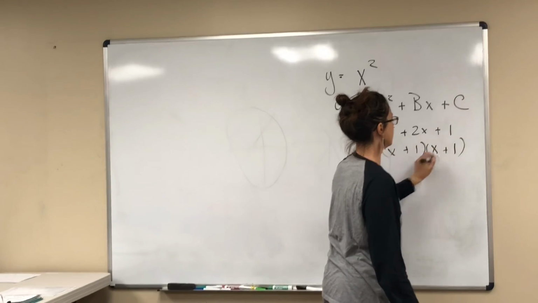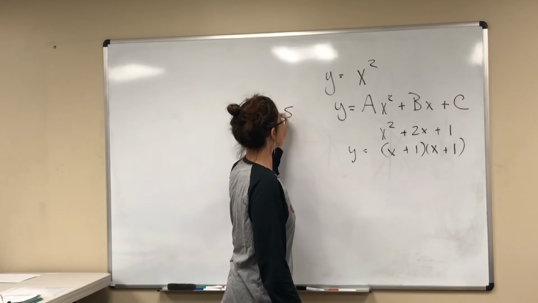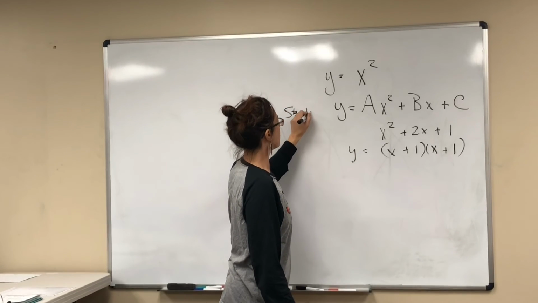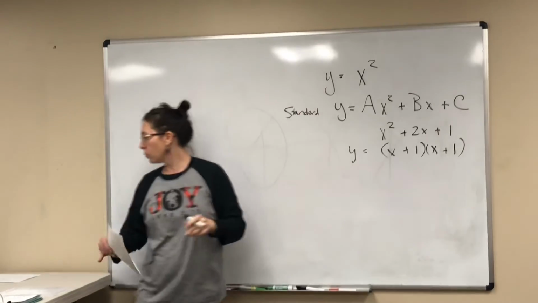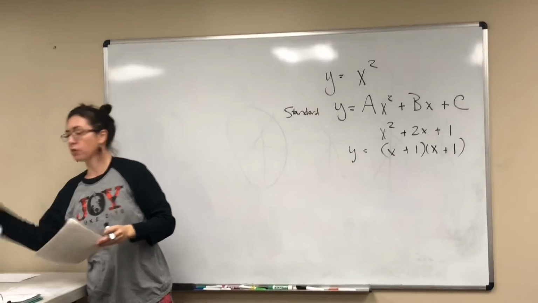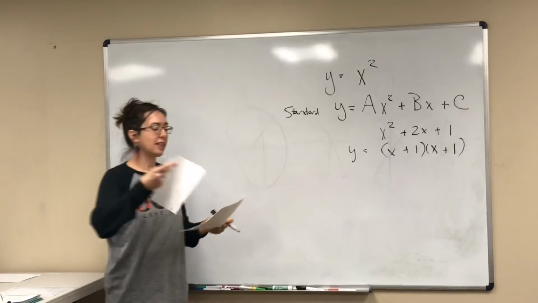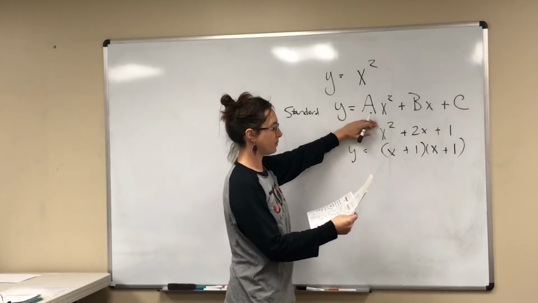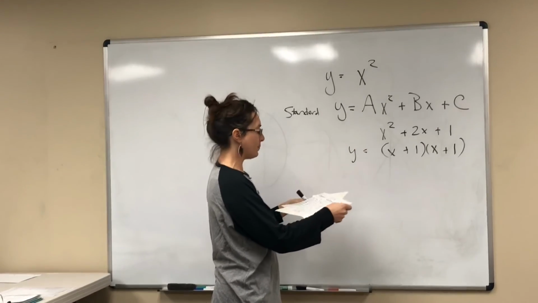Correct? Okay. So this is our standard form, and on this graphing of quadratics sheet you can see that this is our standard form: ax squared plus bx plus c. So we've got this one.